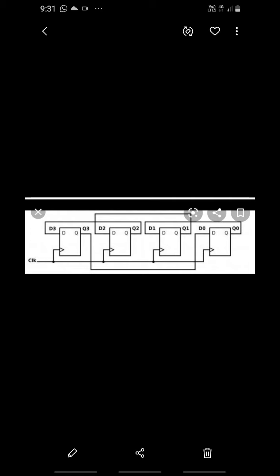The logic diagram of the 4-bit shift left register is shown in the above PPT. A 4-bit shift left register using positive edge triggered D flip-flops. It is also an example of a serial in serial out shift register.